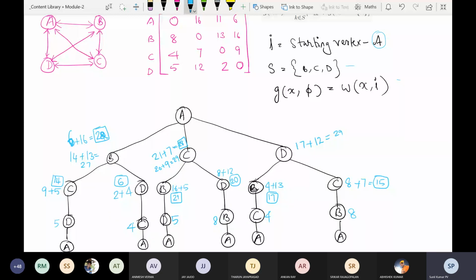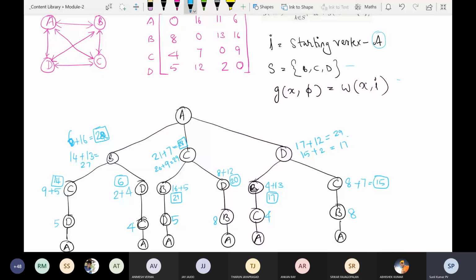And here 15 plus D to C, which is 2. So 15 plus 2 is equal to 17. So here I should take 17 because that is the minimum one.